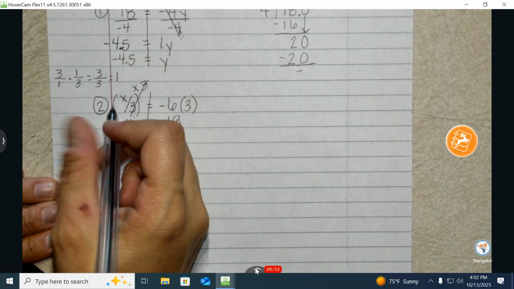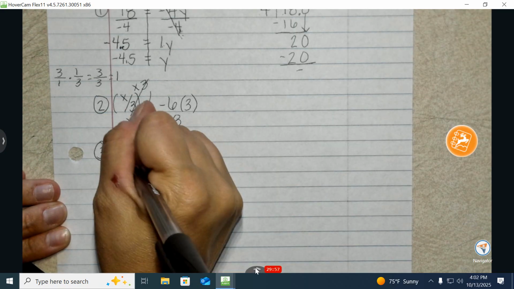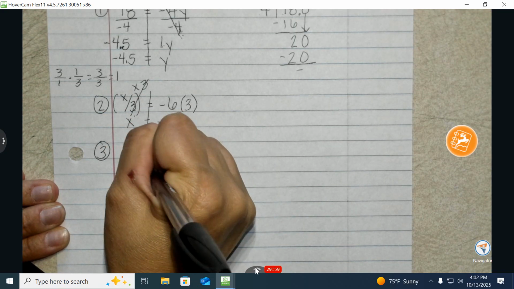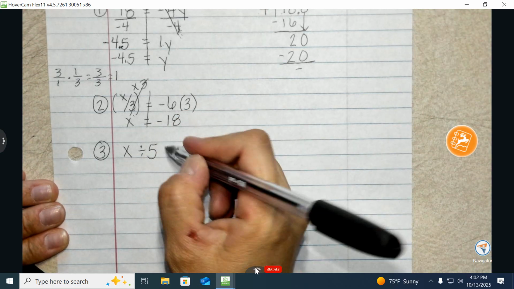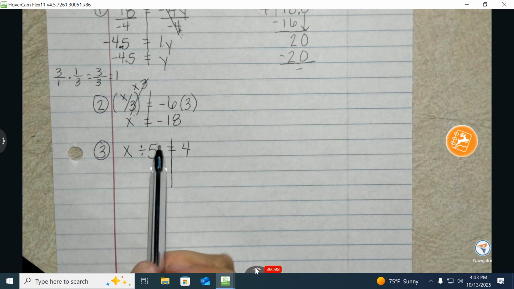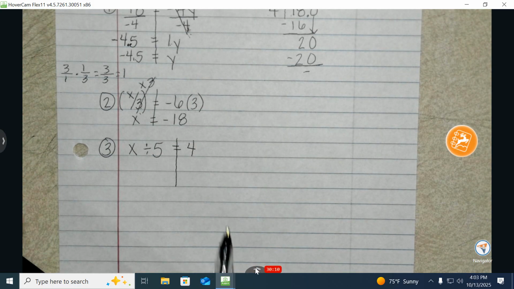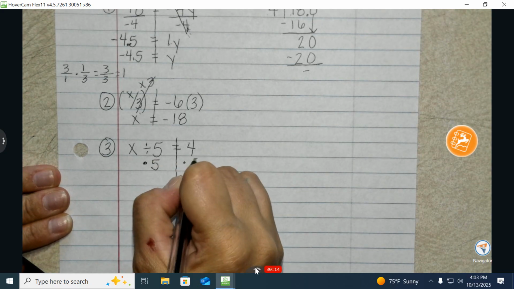All right, number 3. We have x divided by 5 equals 4. So draw your line. Okay, the inverse of dividing by 5 is to multiply by 5.